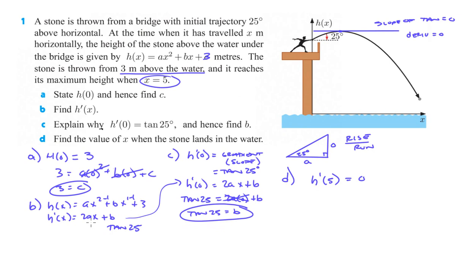And then we can use that info to help us figure out this other part being a. We should be able to figure out what a is since we know that b is tangent 25. So let's do this. We know that 2a, and then we're plugging in 5 for our x, right?